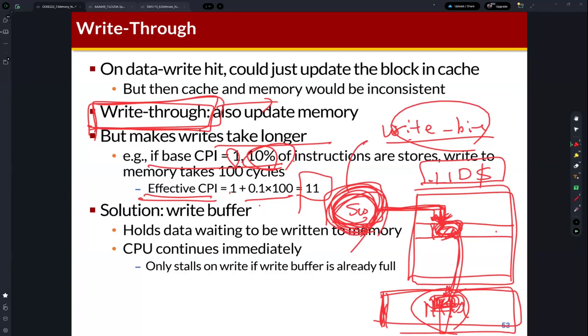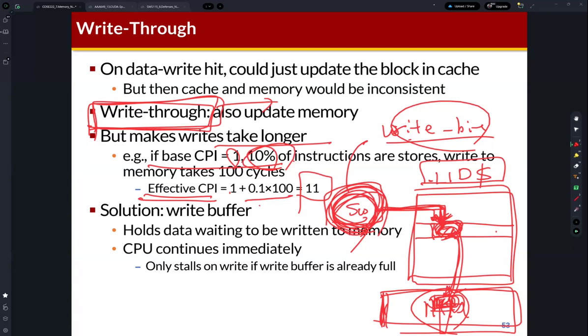It's a huge performance degradation, right? So we just assume the processor takes one cycle per instruction, right? This is the baseline, the ideal performance. But for this assumption, the processor will take 11 cycles per instruction. So it's a huge performance degradation.